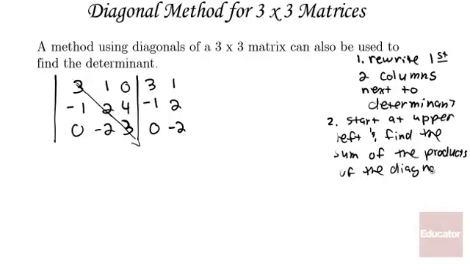Now, what does that mean? It's actually simpler than it sounds. Here I have this first diagonal, 3, 2, 3. I'm going to find that product, 3 times 2 times 3.